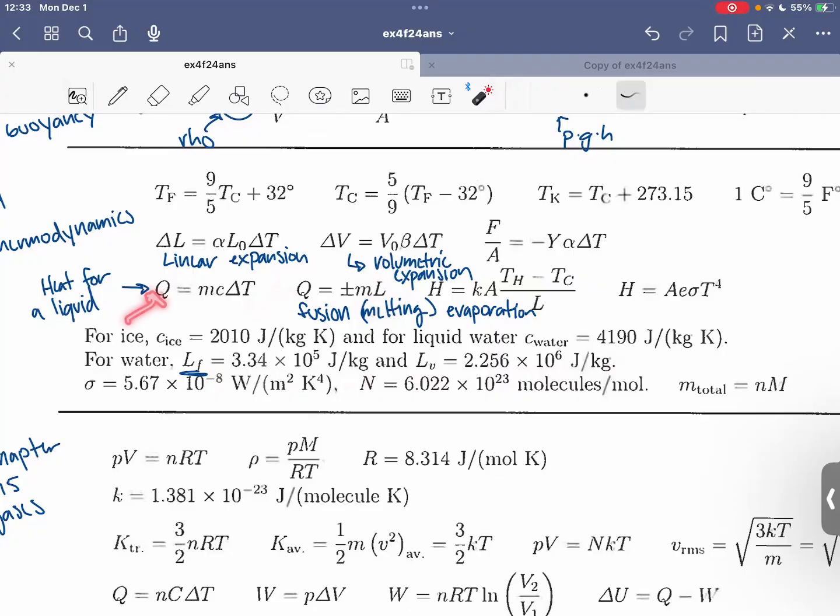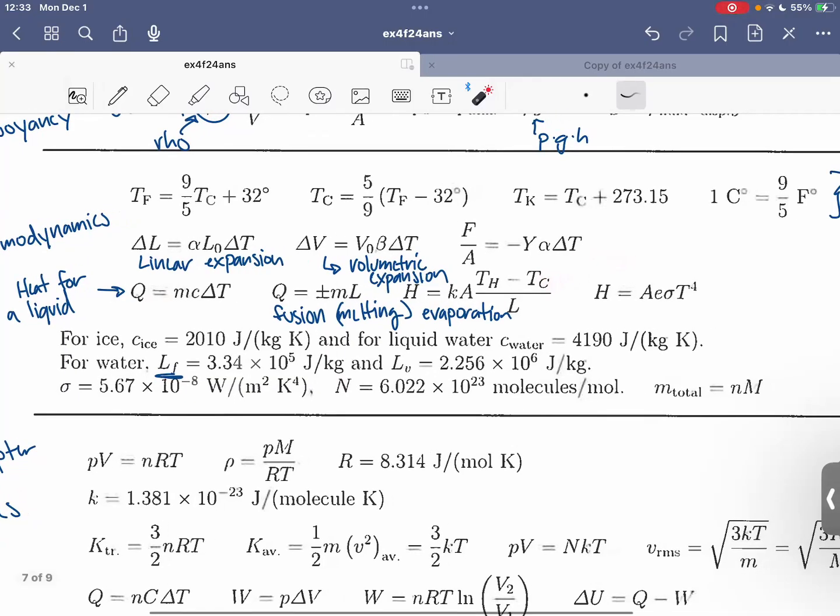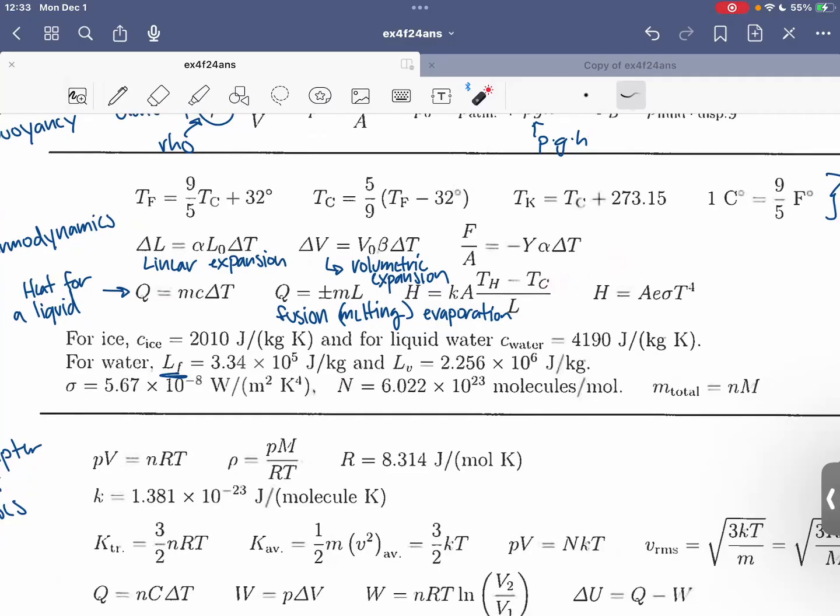This one tells you if it stays the same phase, how much heat is required to raise that mass X number of degrees, according to how much the temperature changes. Sorry.